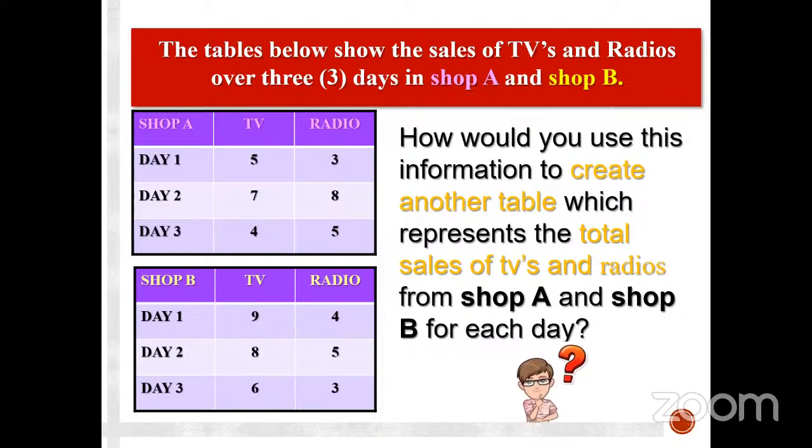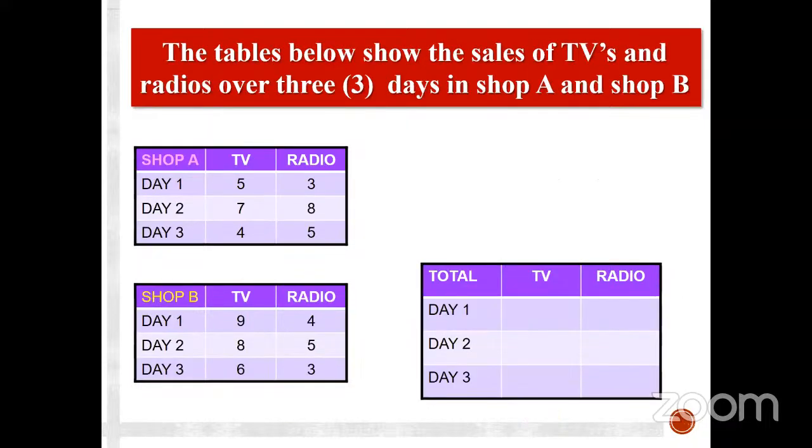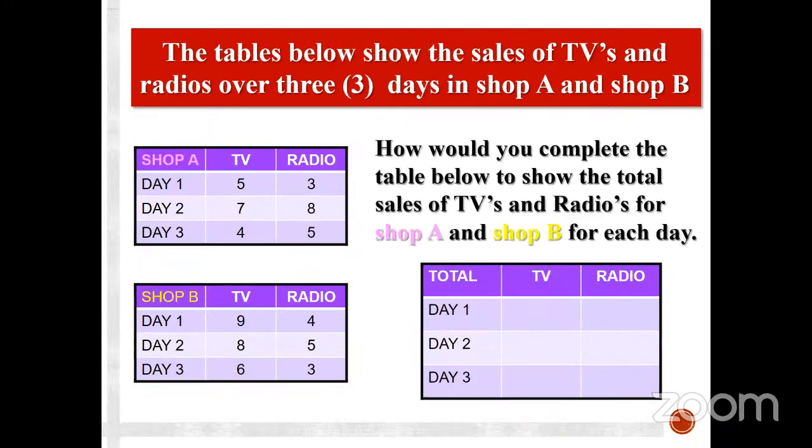All right, no responses yet. I think they're thinking it through. So how would you complete the table below to show the total sales for radio for shop A or shop B? I've started the table for you.